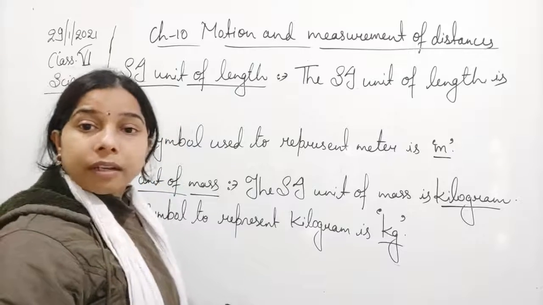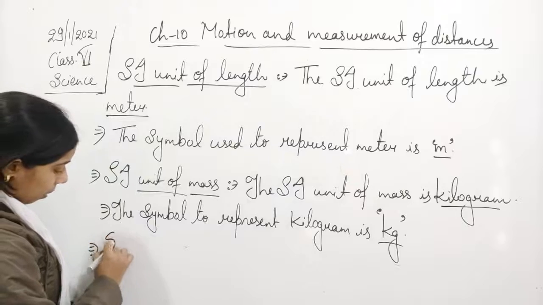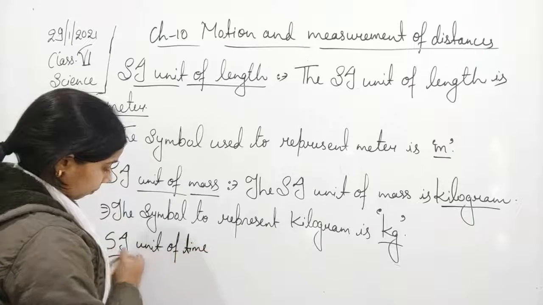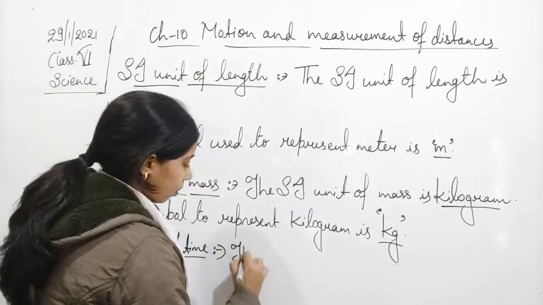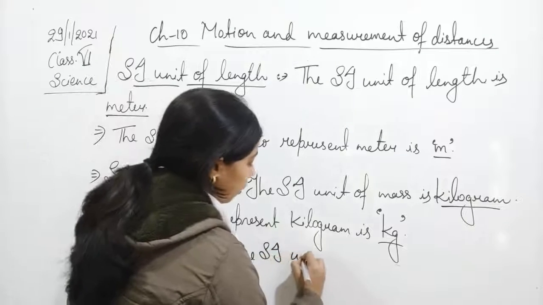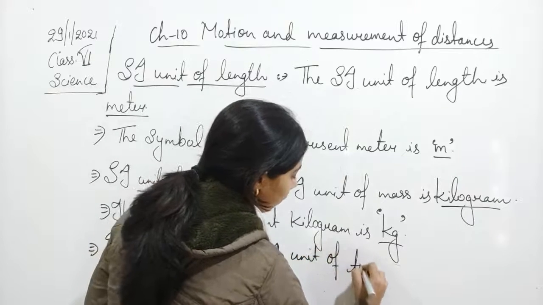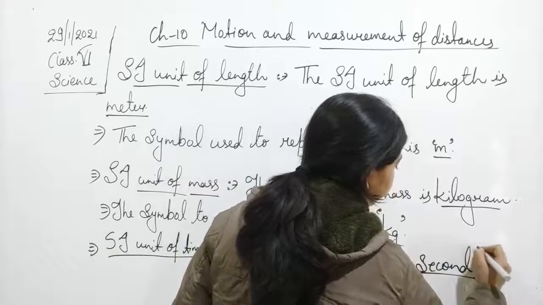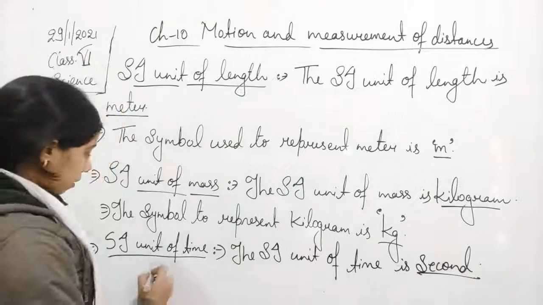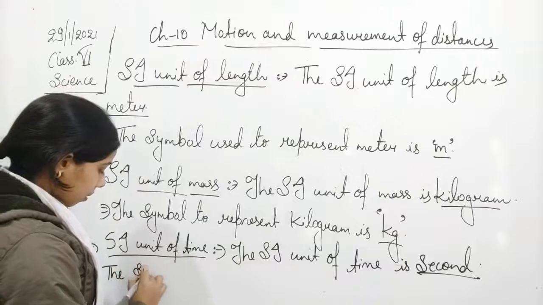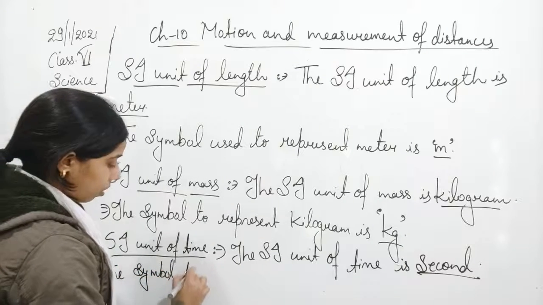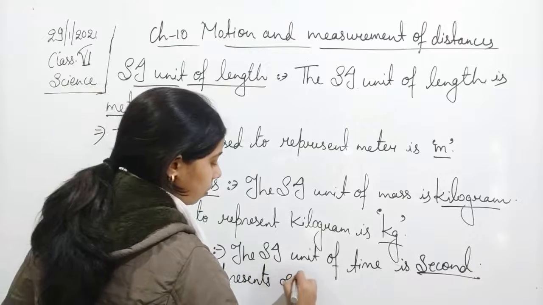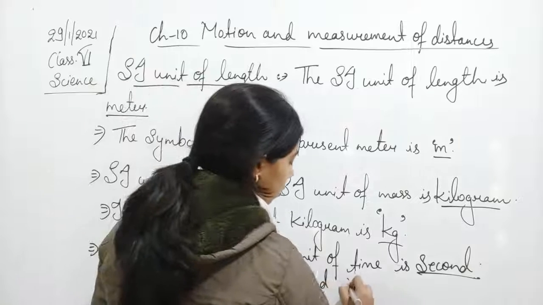And the SI unit of time, students: the SI unit of time is second. That is called a second, and the symbol to represent second is s.